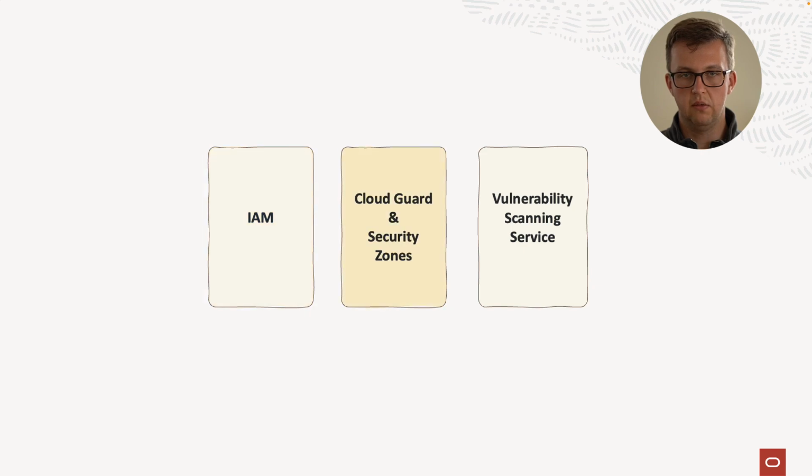CloudGuard and Security Zone, a cloud security posture management service coupled with a policy enforcement service to define and enforce security policies and take corrective actions when issues are detected. Vulnerability Scanning Service, a readily available service to allow you to scan all VMs and patch levels.